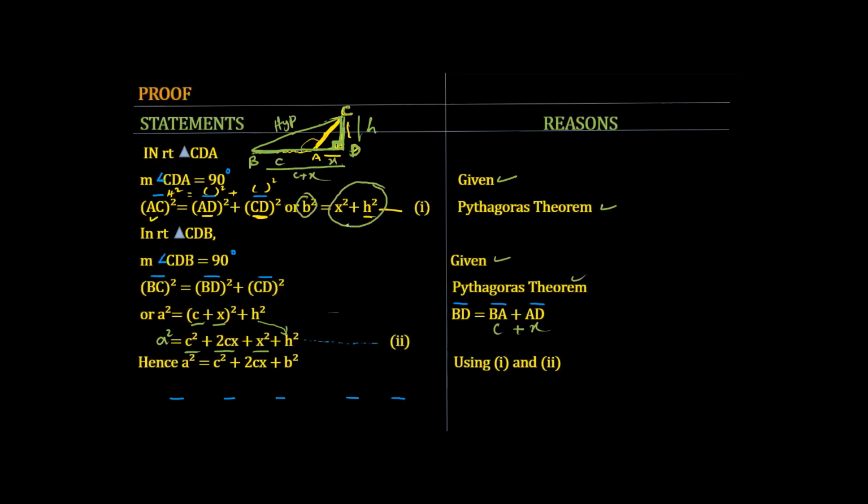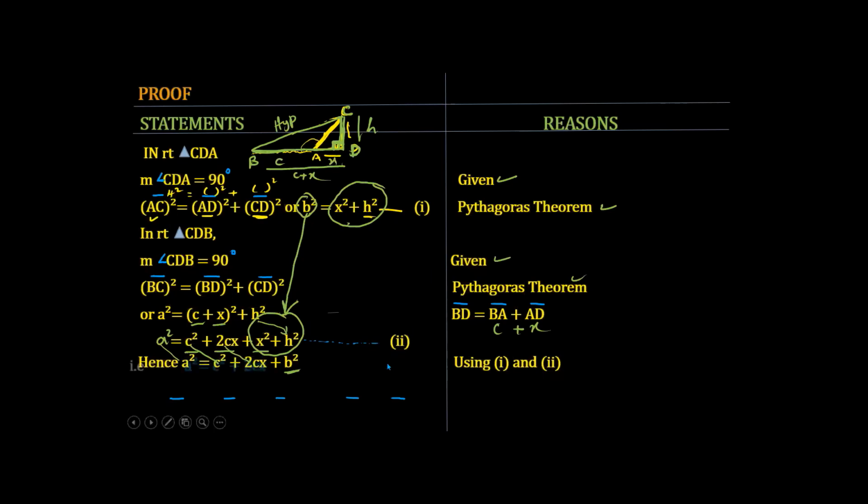So you will write B square instead of this. Because X square plus H square is equal to B square, so we will substitute the value of H square plus X square, which is B square, and these two are as it is. Now we have A square is equal to C square plus 2CX plus B square. Look, what is this?